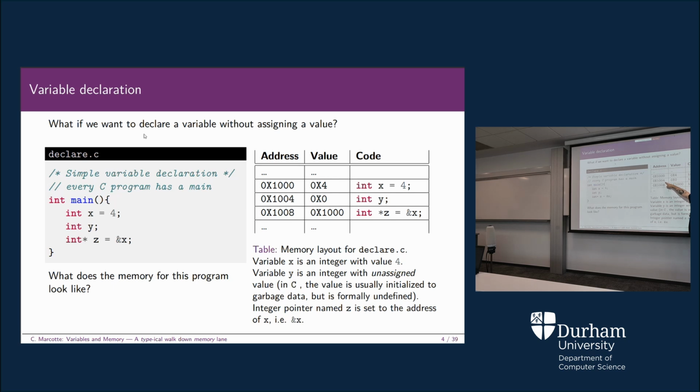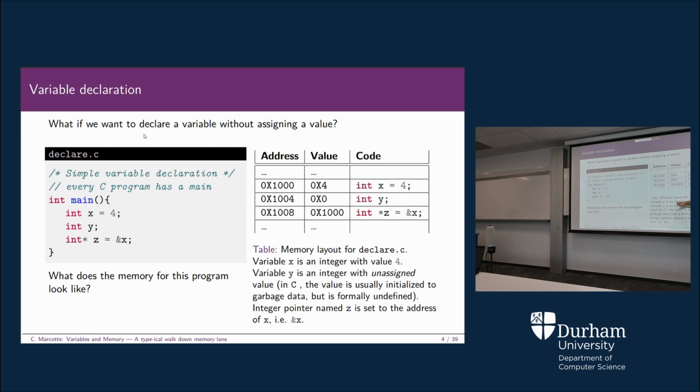At address 1004, we have a value which is 0 here, which is int y. This means that y is initialized to a 0 value initially. And then at 1008, we have a value which is actually just the location of x, right? So it's saying that our integer pointer z looks at the location of x.